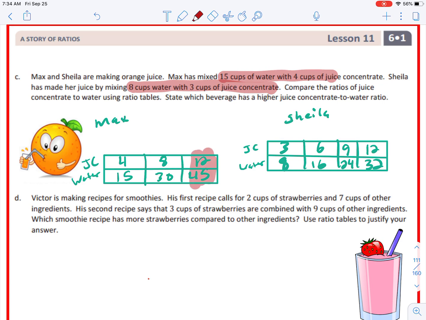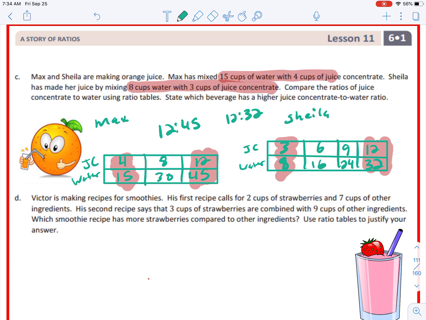If you said 12, you are correct. 12 here and 12 here. We have to look at these because our simplest ratios won't go down to 1. So now 12 to 45 and 12 to 32 is what we're comparing.